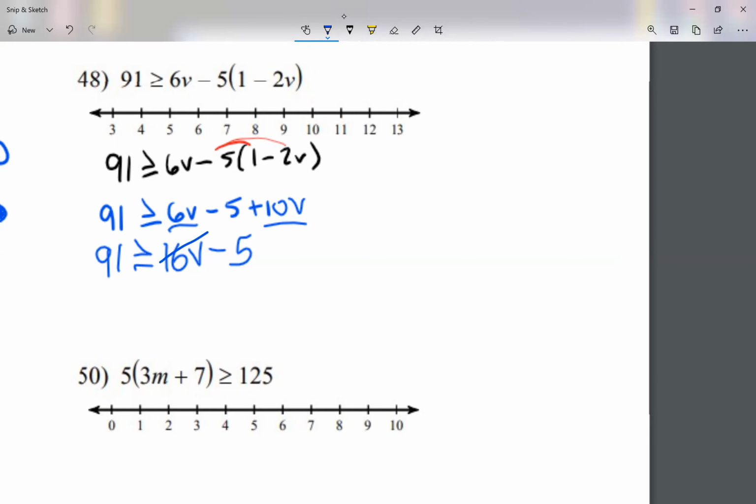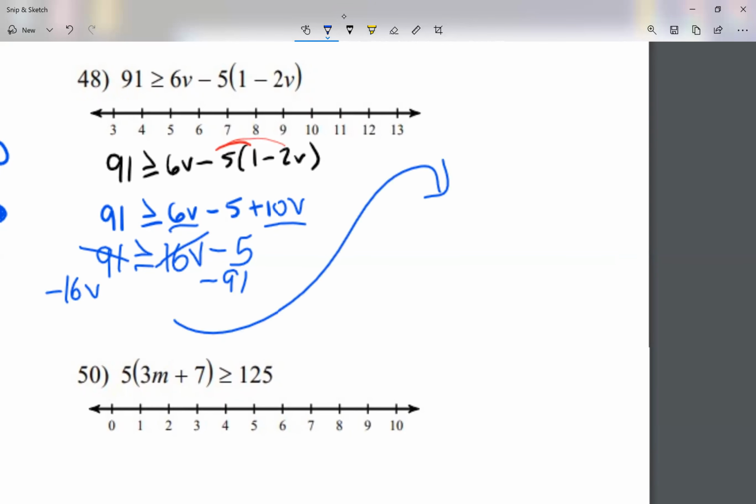So my 16v, let me move it to the left side as a minus 16v. My 91, let me move it over as a minus 91. Don't forget to switch the signs. For space purposes, let me write up here. So that gives me negative 16v is greater or equal to negative 96.